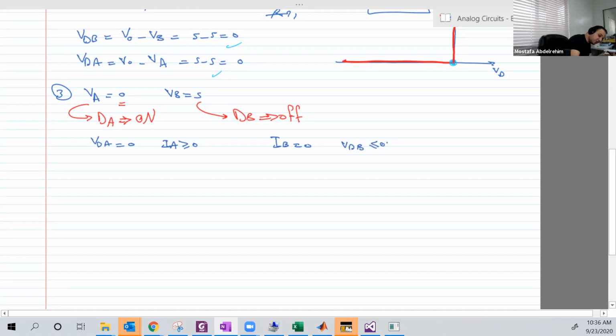So let's continue solving that. VDA is equal to VO minus VA. VO is unknown for us, VA is known, equal to 0. So VO is equal to 0.